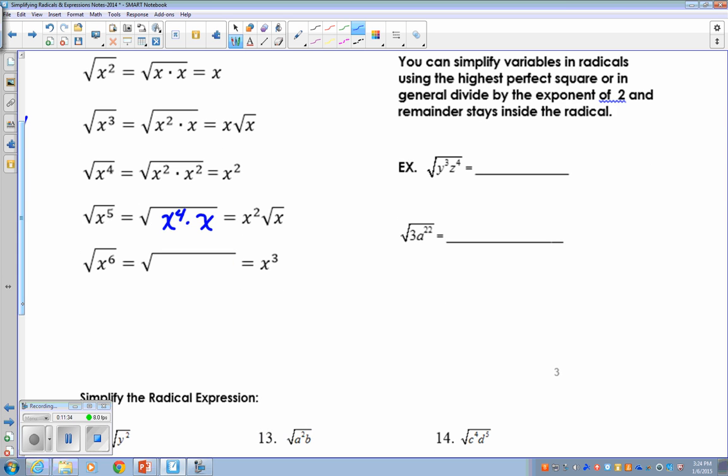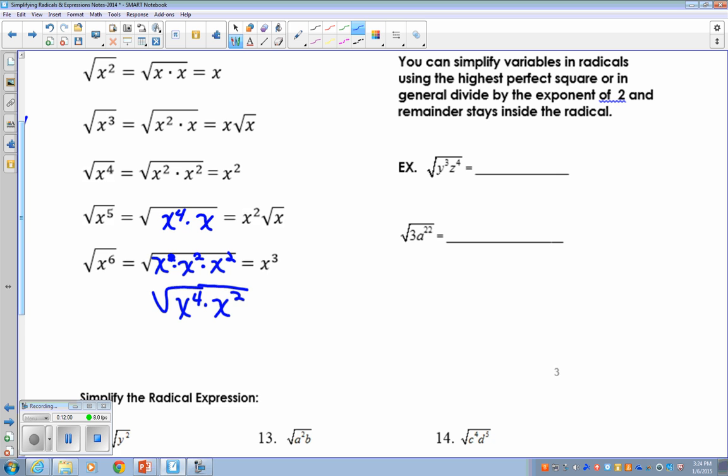Okay, now, what about x to the sixth? I could do x squared, and then x squared, right? Or I could say, yes, I could also say x to the fourth and x squared. Or when I take the square root, it's going to be x cubed. Yep.